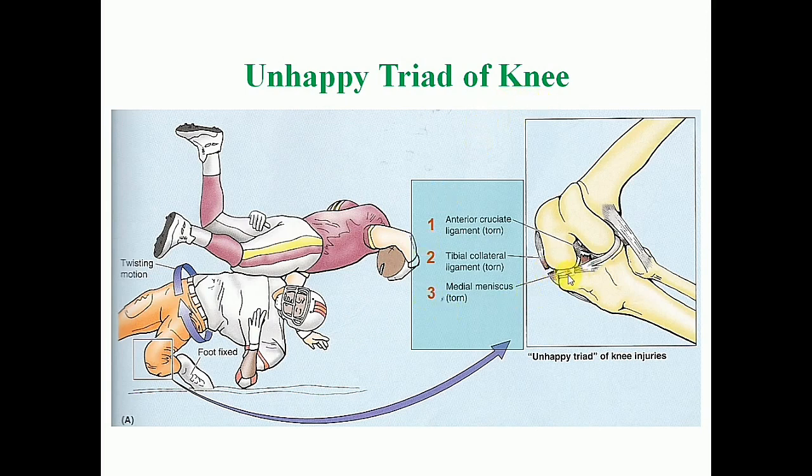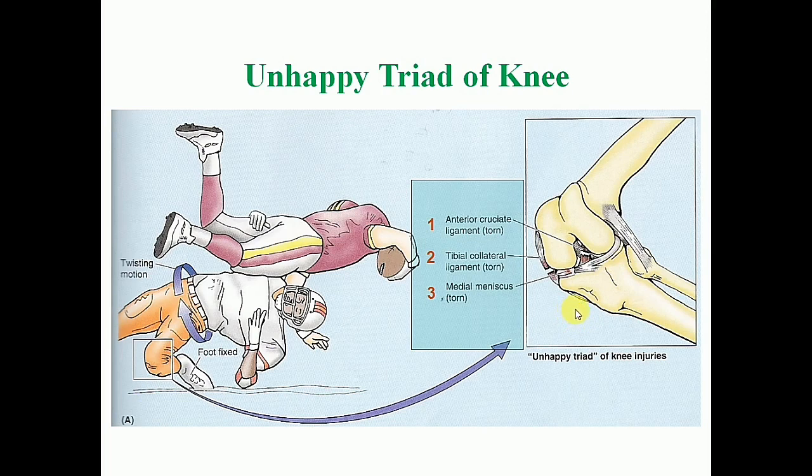Now medial meniscus is more commonly ruptured than the lateral meniscus because the medial meniscus is adherent to the deeper fibers of tibial collateral ligament. So along with it the tibial collateral ligament is also ruptured, but the lateral meniscus is separated from fibular collateral ligament by the tendon of popliteus muscle.